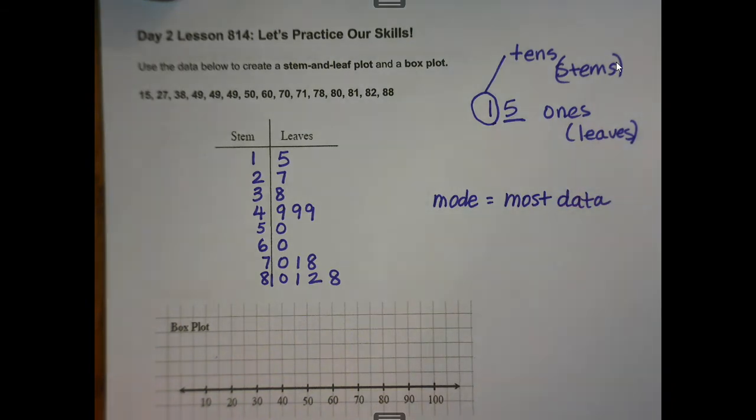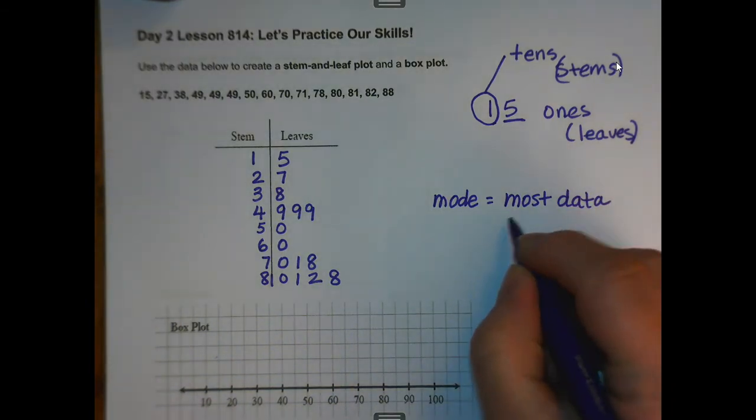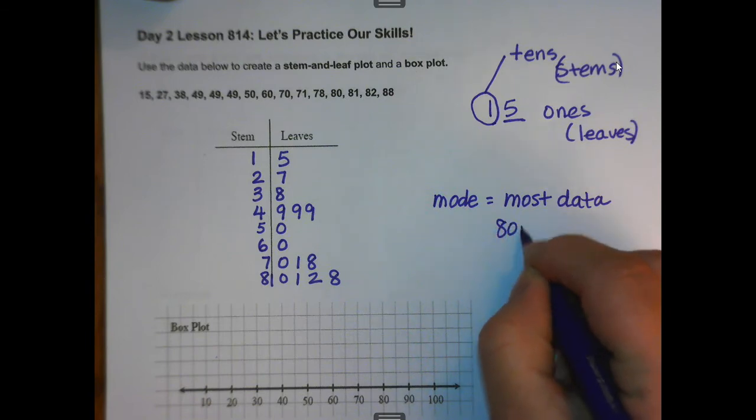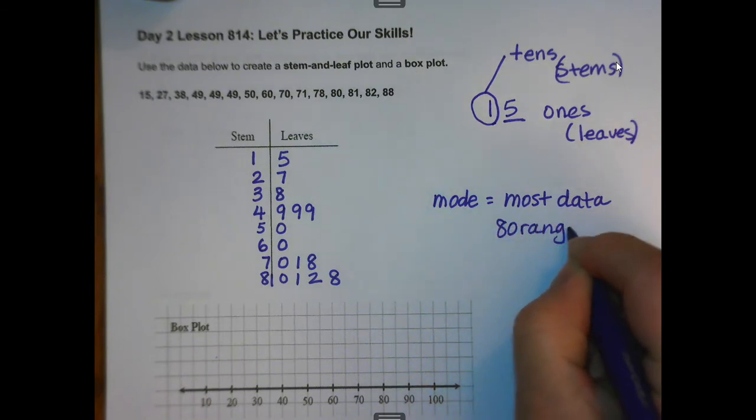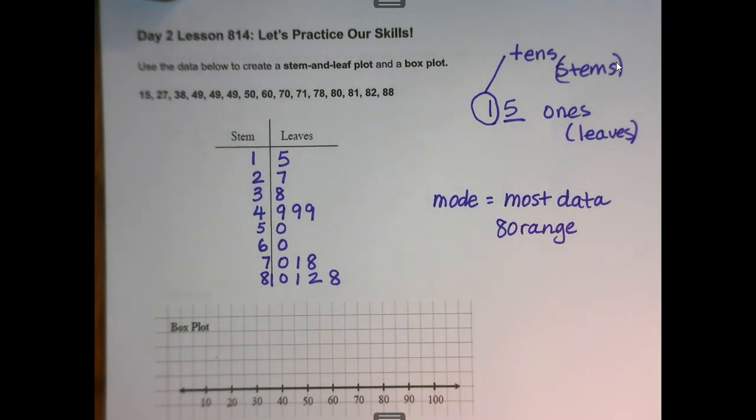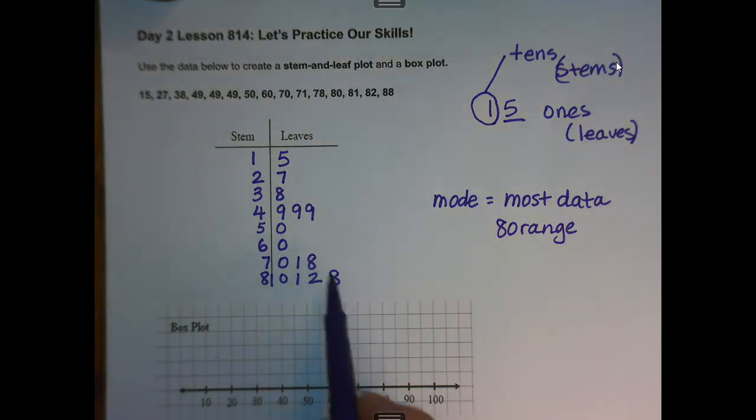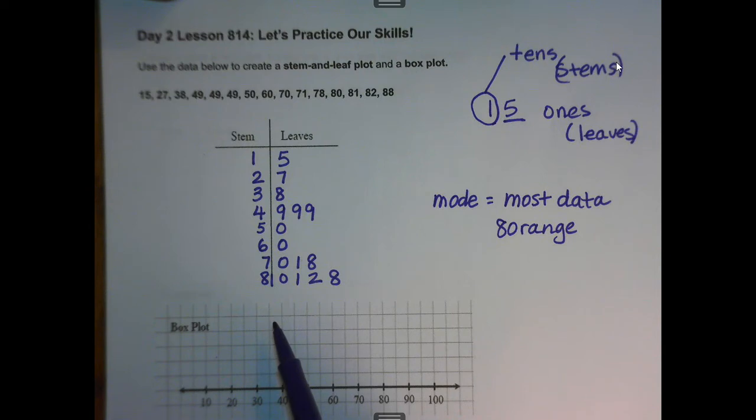And so our most data is in our 80 range. When I take a look at that, that has the most leaves on the right side of it, so that would be our most.